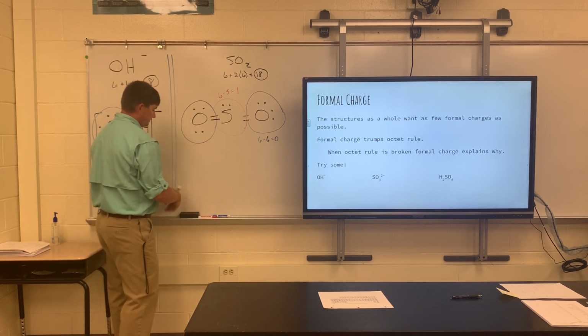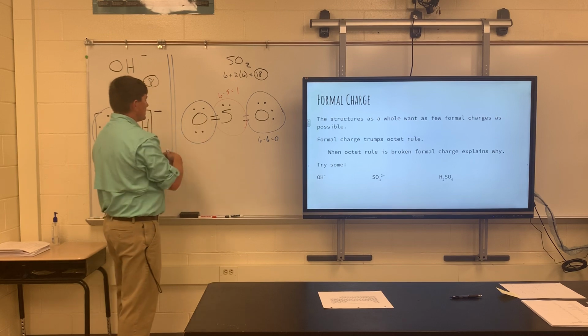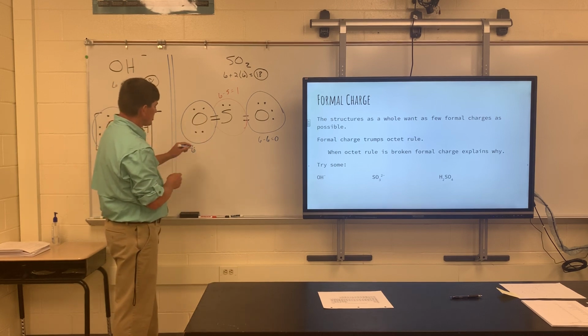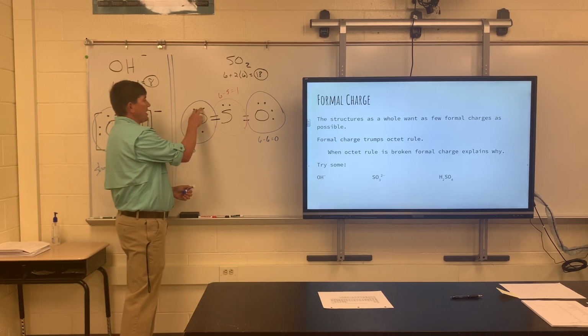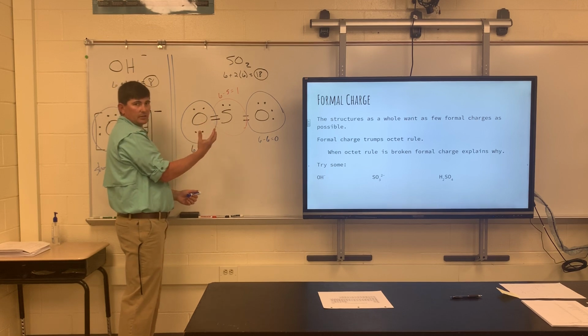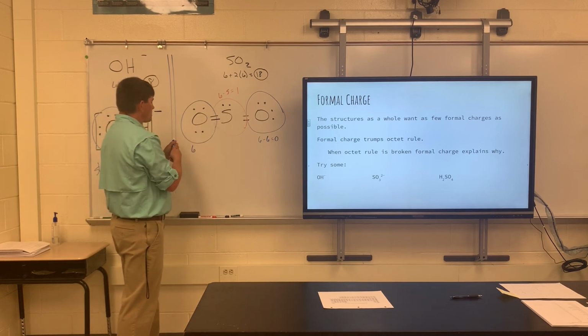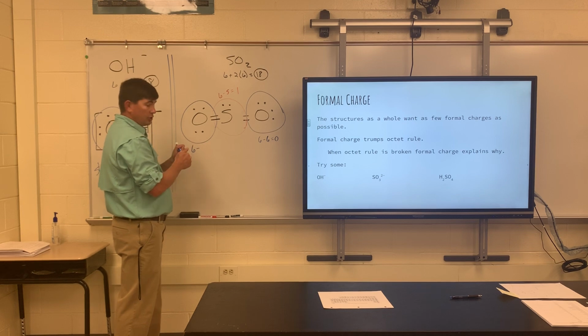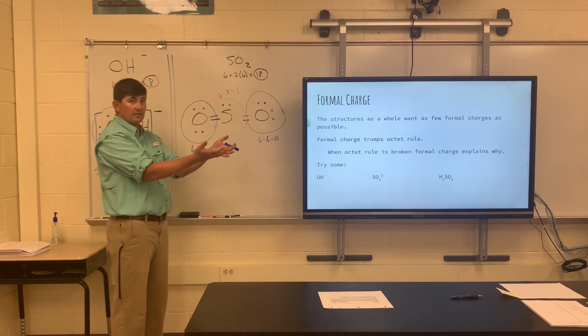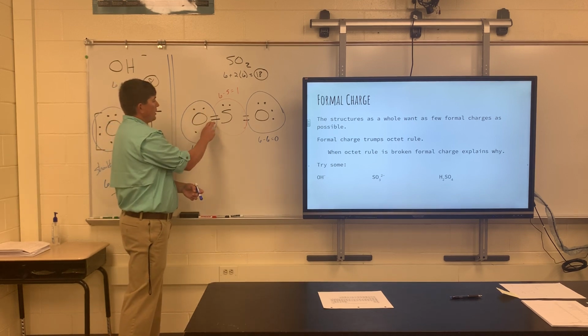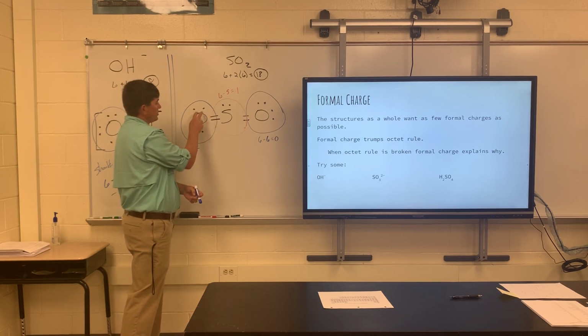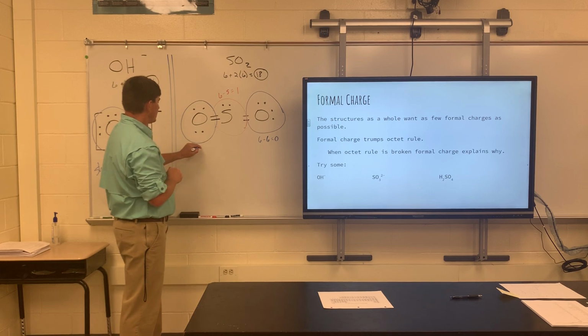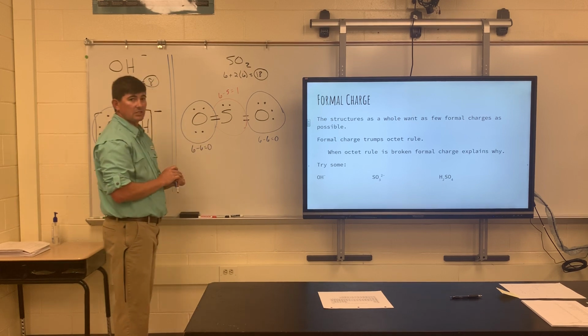Since we did that, now when we look at this oxygen, in terms of its octet, it still has its 2, 4, 6, 8, right? But in terms of formal charge, it should have 6 valence electrons. That's what the periodic table tells me. And then I got 2, 4, and then I just count these 2. I don't count the other 2, right? So 2, 4, 5, 6. 6 minus 6 is 0. So we just improved that.